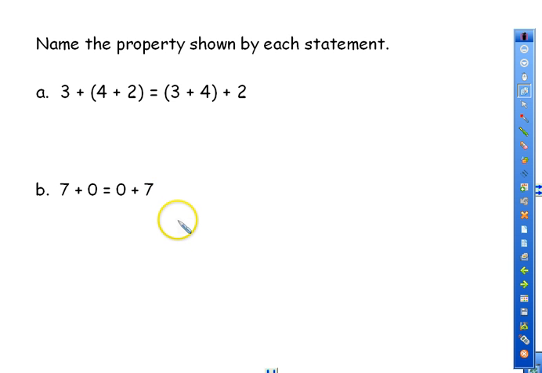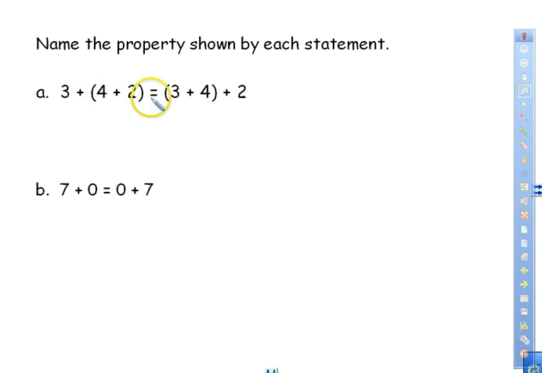Next one, name the property that is shown by each statement. So go ahead and hit pause, and we will answer these. So go ahead and do that. All right, what you're going to do on this one, this is a commutative property, if you recall, is the different order.